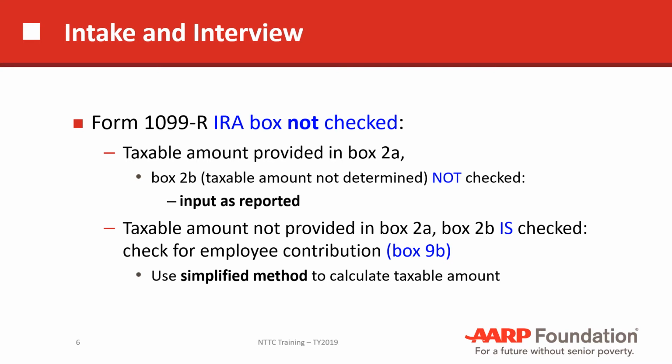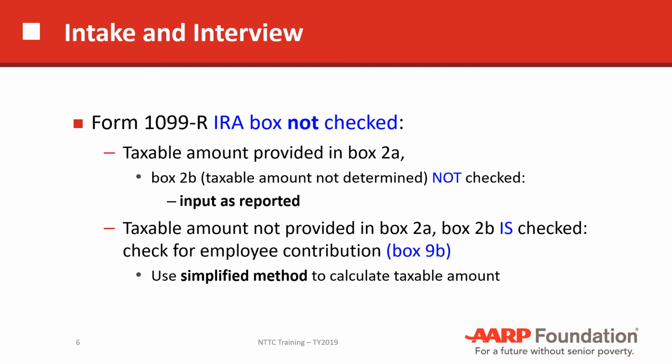The first one being that the 1099-R is clearly a pension because it does not have the IRA box checked. So that would be the case in either one of these scenarios. We're not talking about IRAs here, we're talking about pensions. So when you do not see the IRA box checked, you can pretty much assume that what you're looking at is a pension distribution.